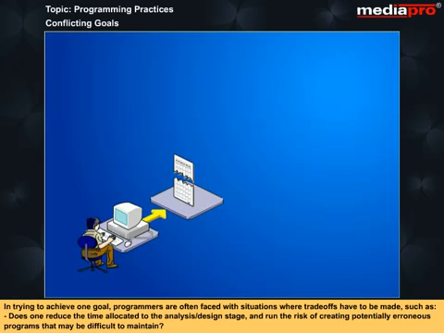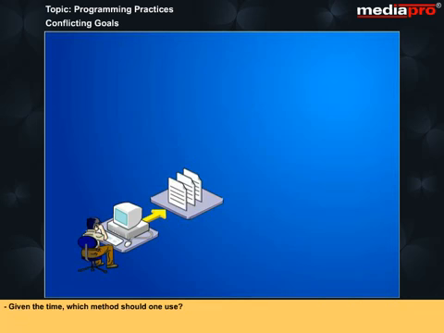In trying to achieve one goal, programmers are often faced with situations where trade-offs have to be made, such as, does one reduce the time allocated to the analysis and design stage and run the risk of creating potentially erroneous programs that may be difficult to maintain? Given the time, which method should one use?